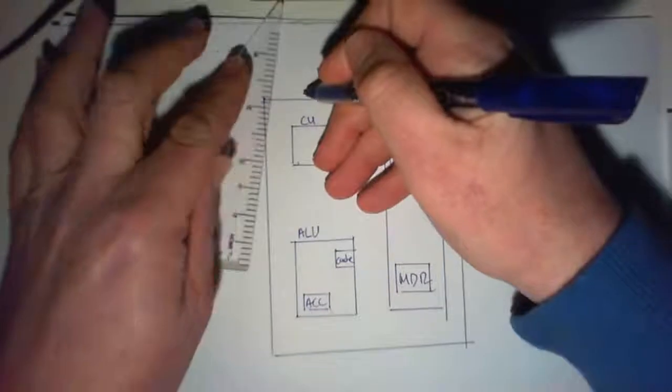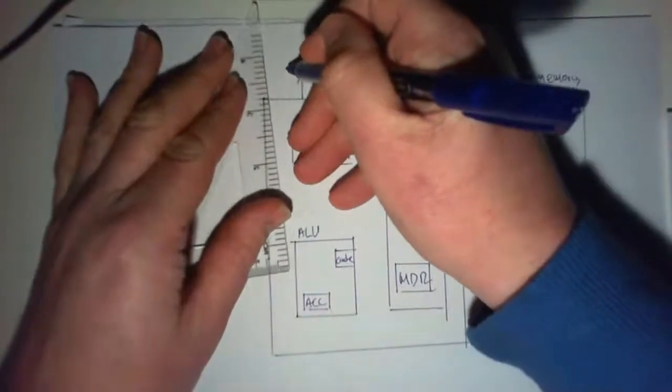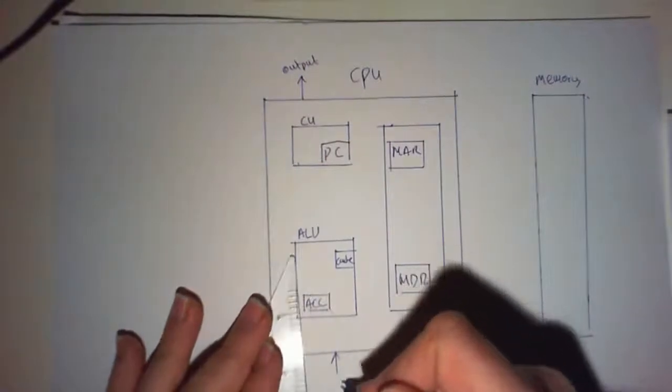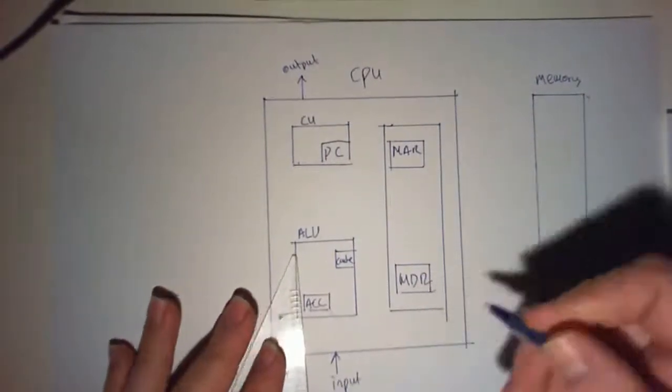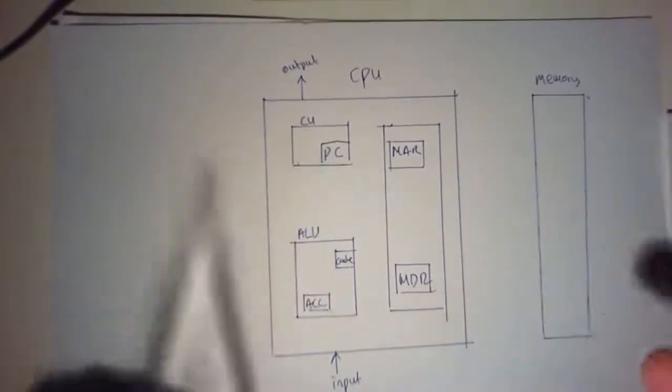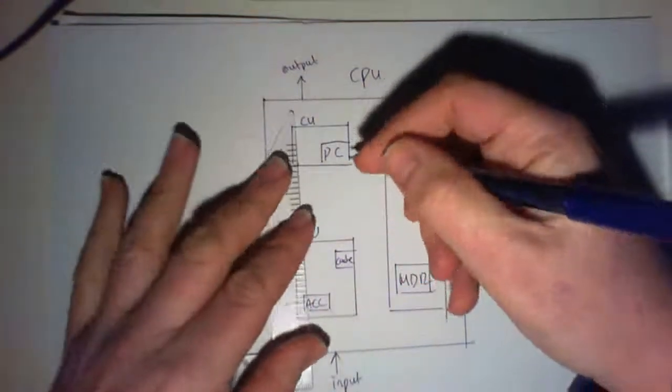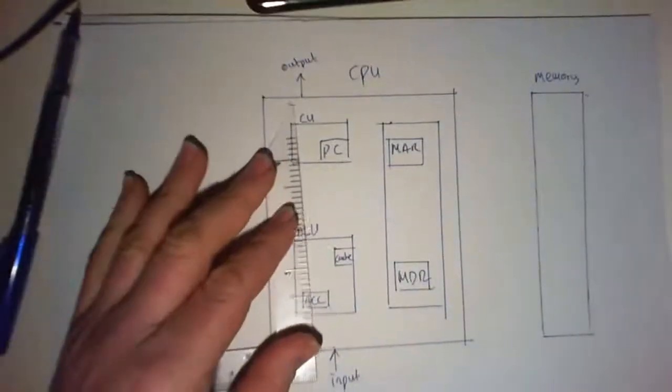Okay, and remember, output. Input. And then you have your memory going two ways. Okay, so we have our memory. Now we put our arrows in. I might use a different color here.